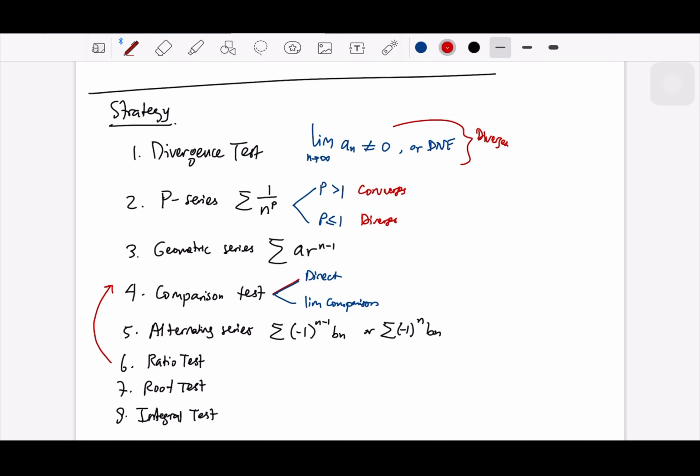And the root test is for series that have the power of n. Definitely you should use the root test and check the value L, whether it's less than 1, greater than 1, or equal to 1. But if it is equal to 1, then you need to think of other methods as well.